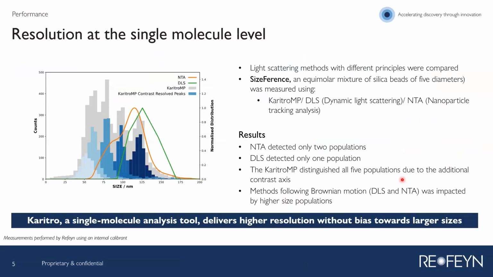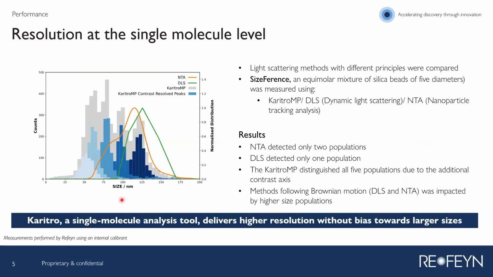Here we looked at comparing KaritroMP to other commonly used methods in the industry for characterization of size distribution in samples. For this experiment, we used NTA, which is nanoparticle tracking analysis, and DLS, which is dynamic light scattering. We used a size mix, which is nothing but a mix of silica beads with 5 different diameters.